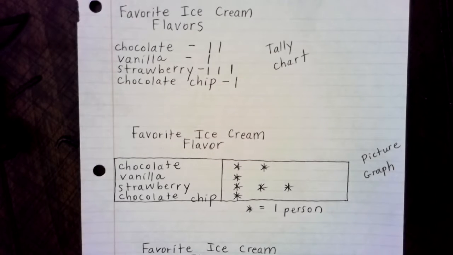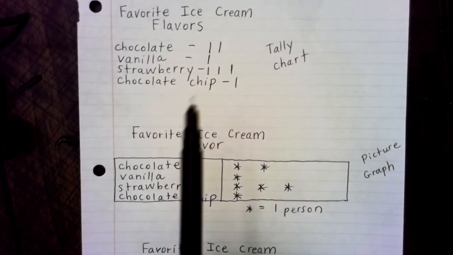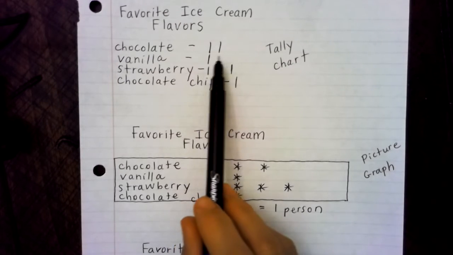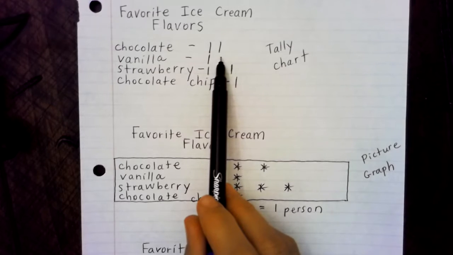So if you surveyed maybe your dad and brother, sister, mom, uncle, grandma, aunt, all of those people could answer that question for you. So let's say on my graph that my dad and my brother both picked chocolate ice cream as their favorite flavor.